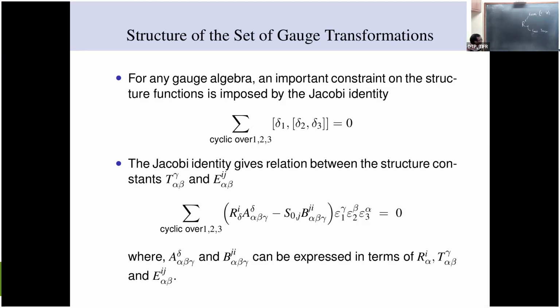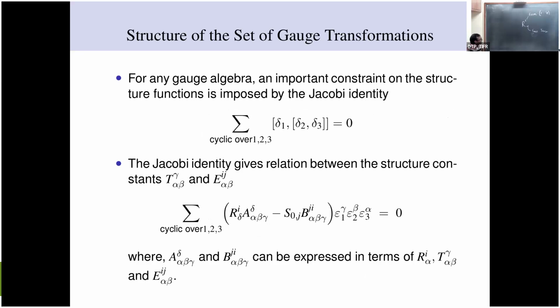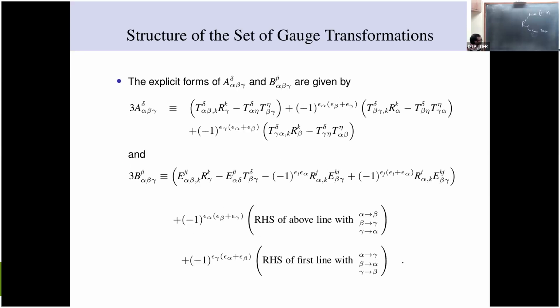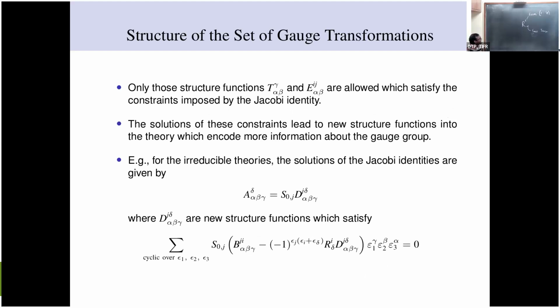Okay, so this A and B are some quantities which can be expressed in terms of this R and T. They have some complicated form, but okay. So this Jacobi identity gives us these constraints on this R, T, and E. So only those structure functions, this T gamma alpha beta and Eij alpha beta, are allowed which satisfy the constraints imposed by Jacobi.